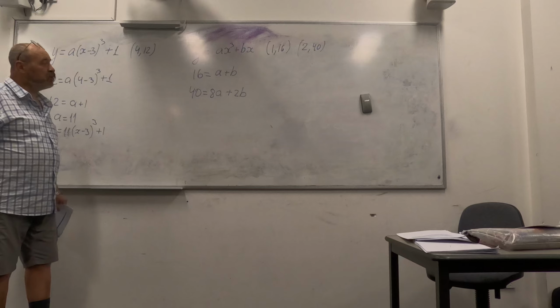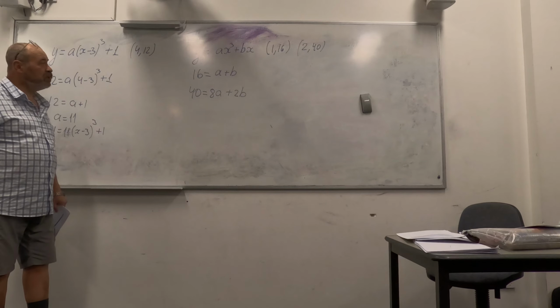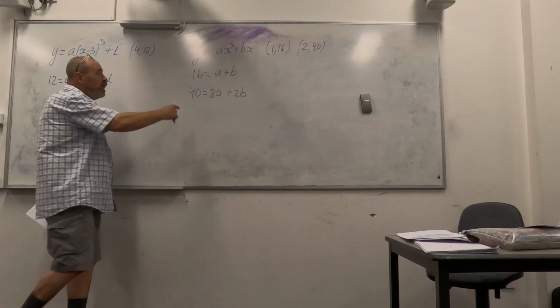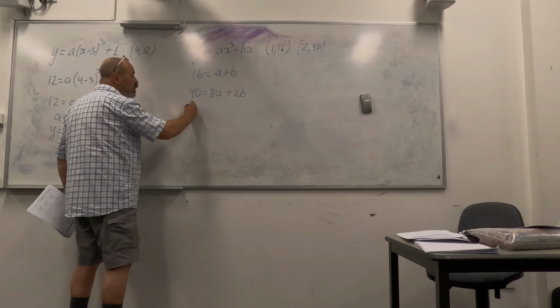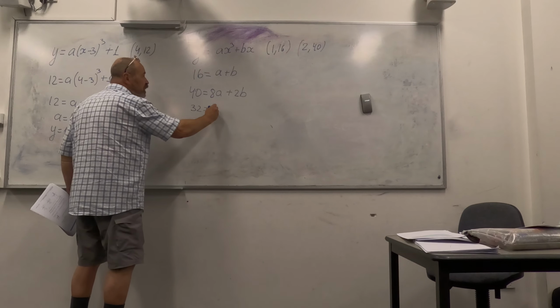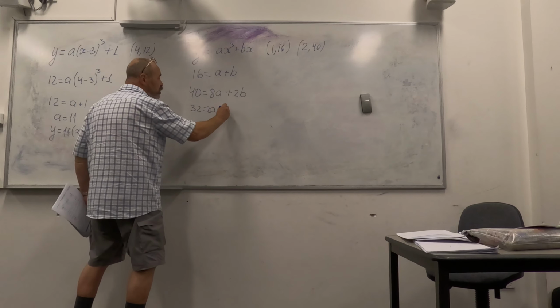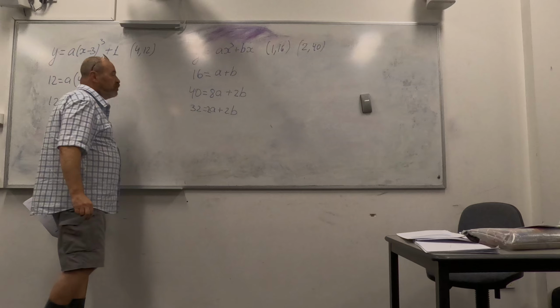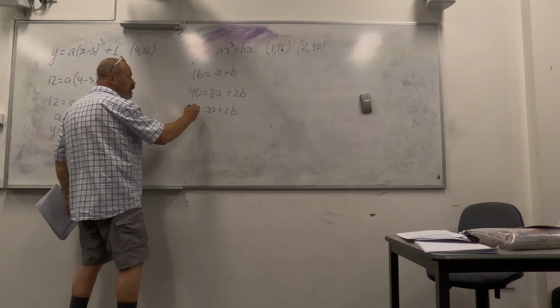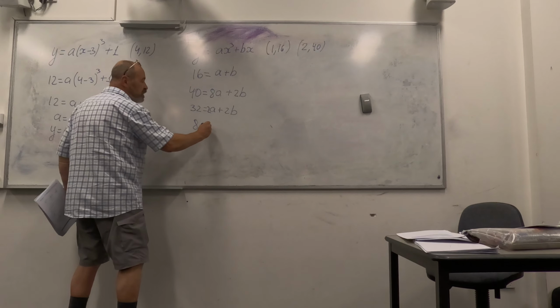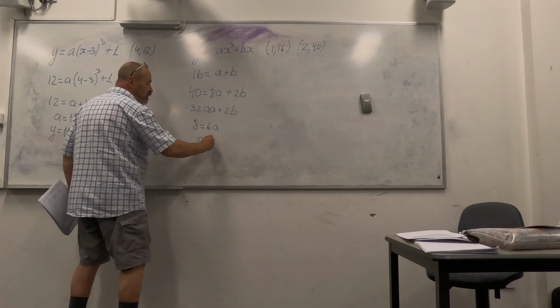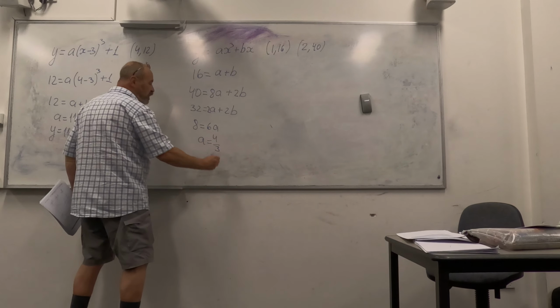Then we just need to solve those simultaneous equations. Probably the best way, we times the first equation by 2, get 32 equals 2a plus 2b. Then we subtract. We get 8 equals 6a, a equals 4 on 3.